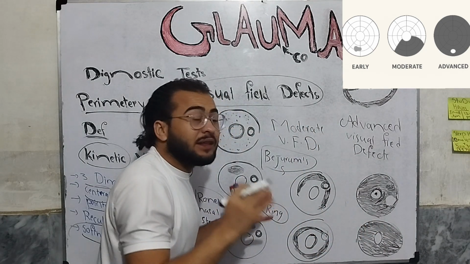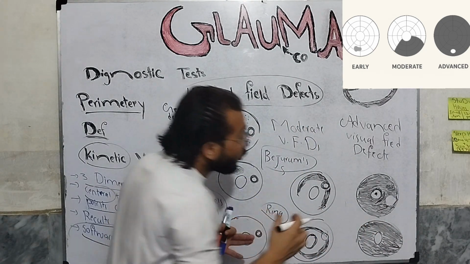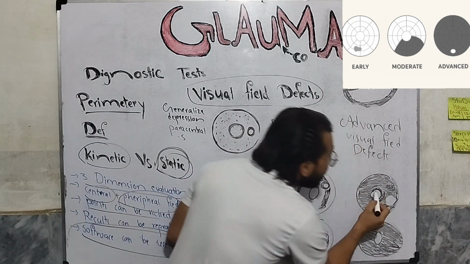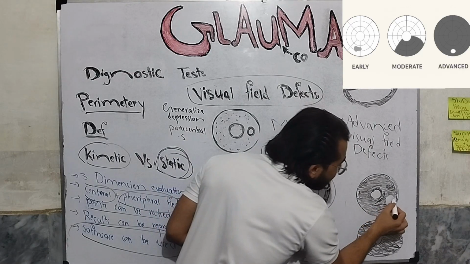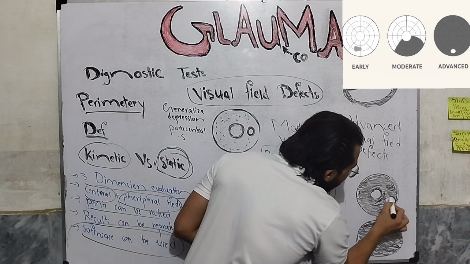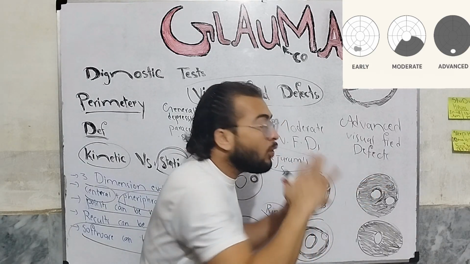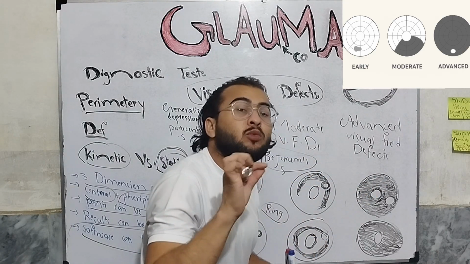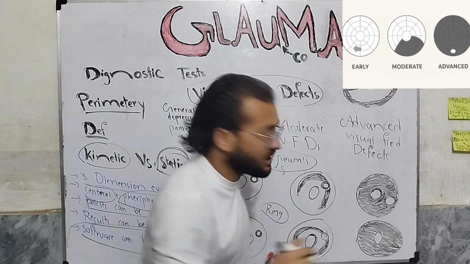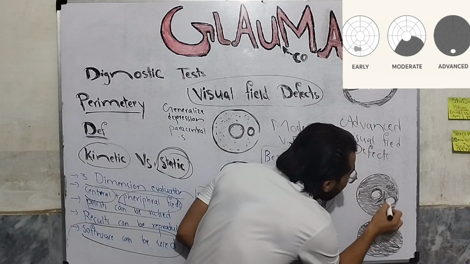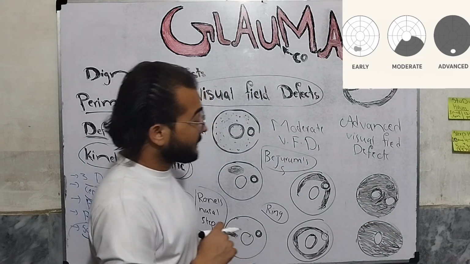All the ganglion cells have dropped out, so we are only left with the central ganglion cells and a little bit of temporal ganglion cells. So there is only the remaining of two small tubular fields of vision: the central field of vision and the temporal field of vision.